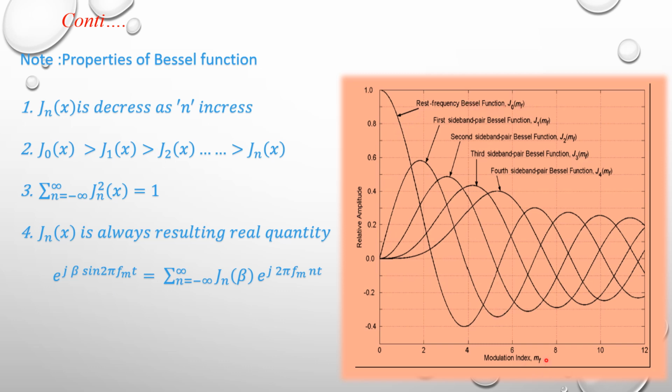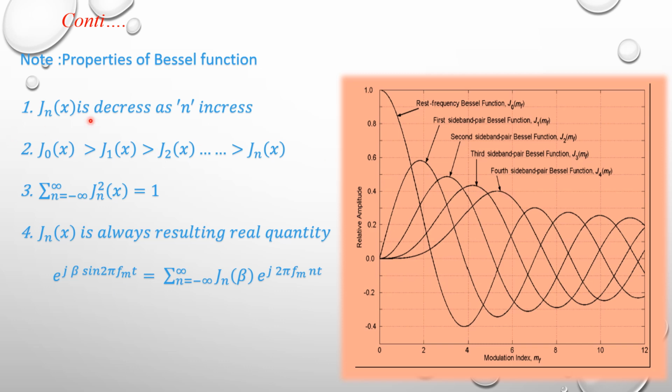When n is equal to 1, this is the amplitude level of the first sideband pair, represented by J1 of m of f. The second sideband is J2 of m of f, when n is equal to 2, and this is the amplitude level. Then n equal to 3 and n equal to 4 each have their amplitude levels.